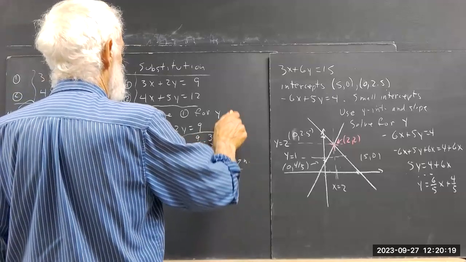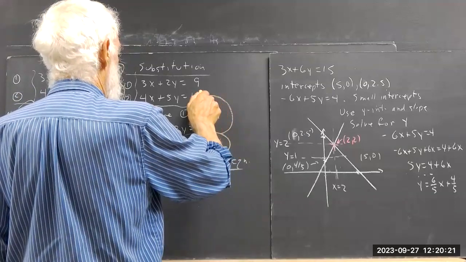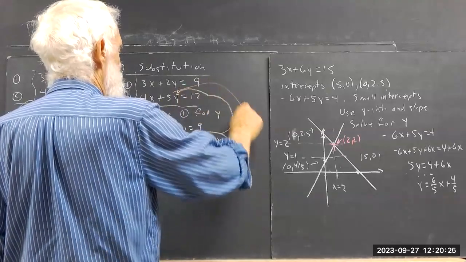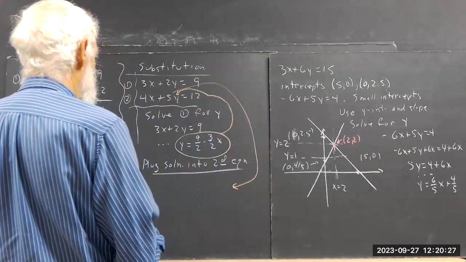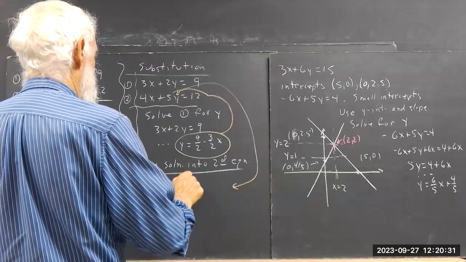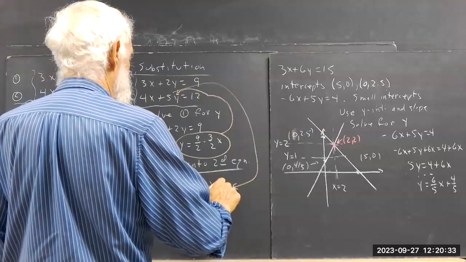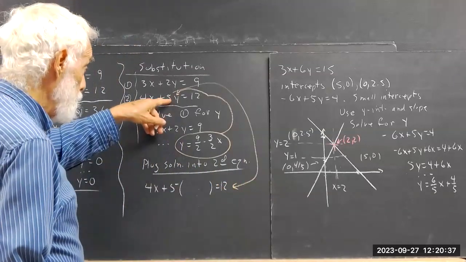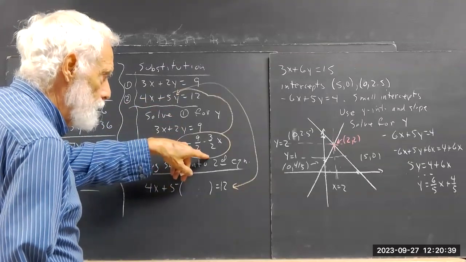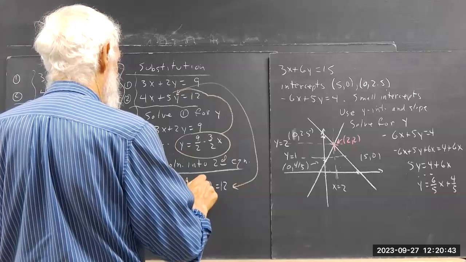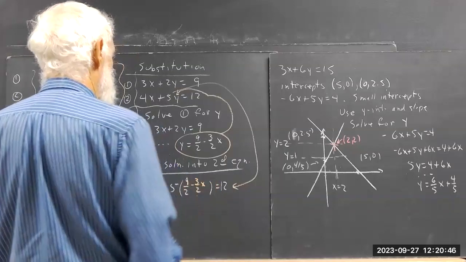So I take this solution and plug it in for y here, and that gives me the equation 4x plus 5 multiplied by that solution equals 12. That'd be 5y here, but we're going to write down the 9/2 minus 3/2 x.